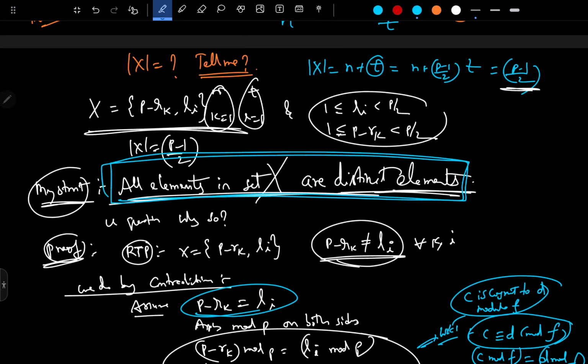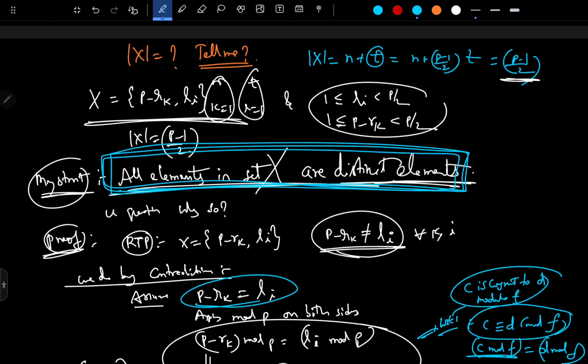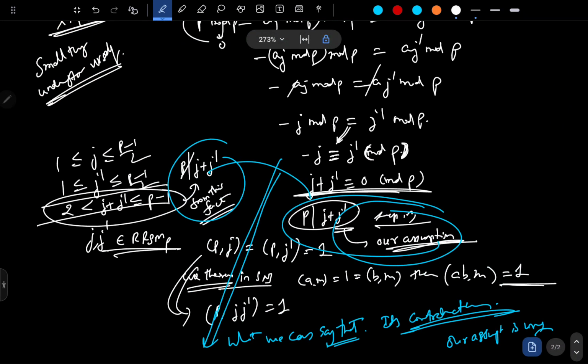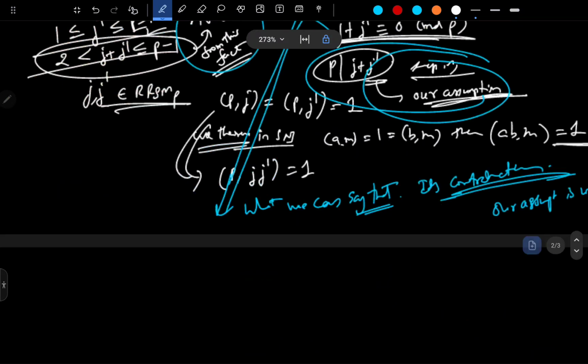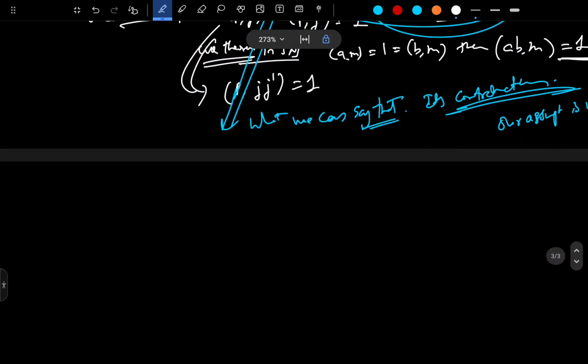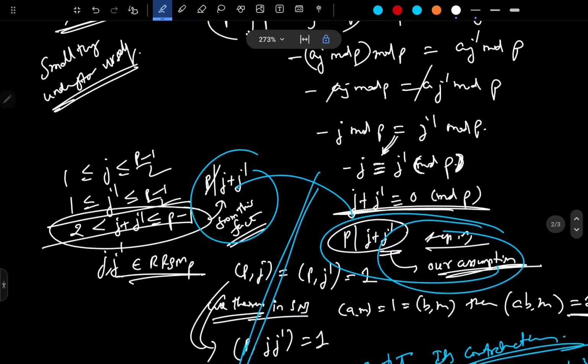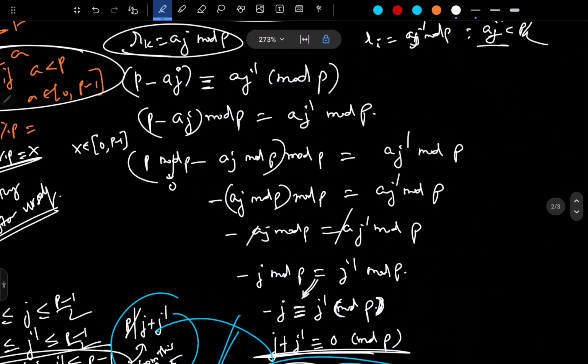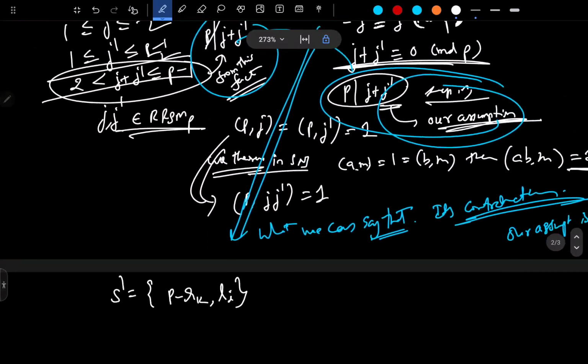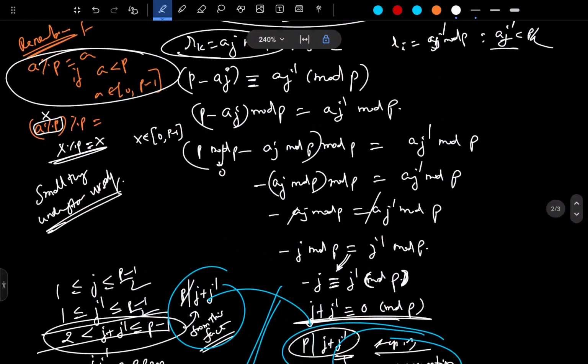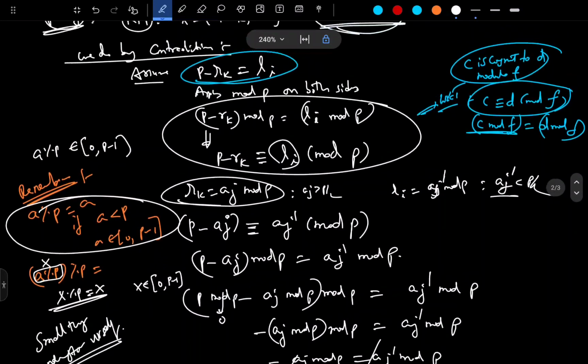If you accept this property, then we can move further. So S dash will be P minus RK into Li, P minus I into Li.